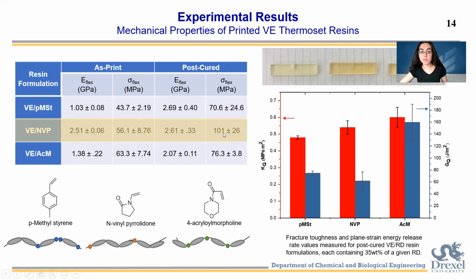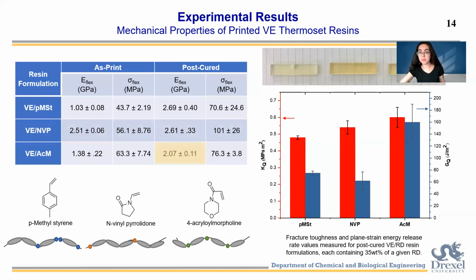And then after post-cure, the flexural strength of this material is greatly increased, likely due to the homopolymers of NVP that have formed within those systems, reinforcing the overall polymer network. Both paramethylstyrene and acrylomorphin after post-cure do obtain pretty good flexural modulus and strength as well. Combined with the high glass transition temperature, these do produce overall pretty decent materials.